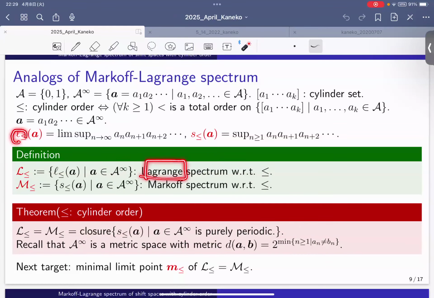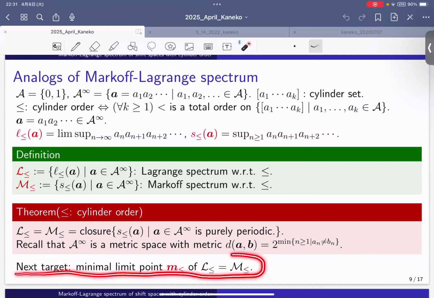Next, I would like to talk about the minimal limit point of these two sets.